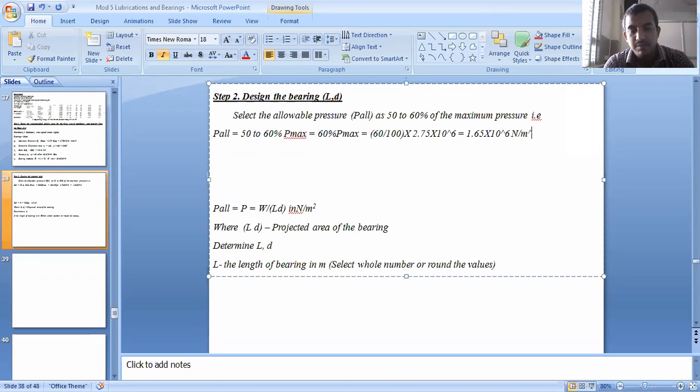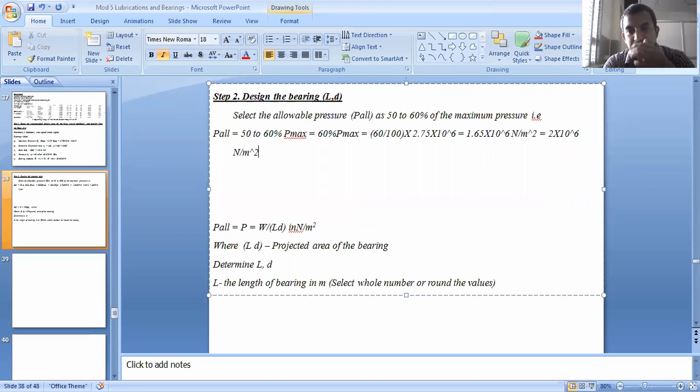Newton per meter square. So instead of taking that, I will go for a round off of this value 1.65. Instead of 1.65, we go for a round off of the value. It is 2 into 10 raised to power of 6 Newton per meter square.